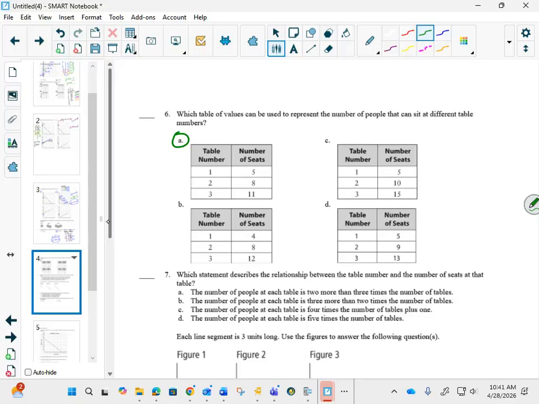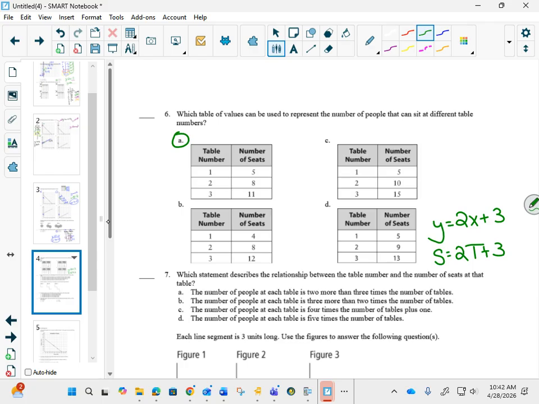Okay. Which statement describes this relationship? The number of people at each table is 2 more than 3 times the number of tables. Again, we should take the equation we came up with, which said that the number of seats was 2 times the number of tables plus 3.